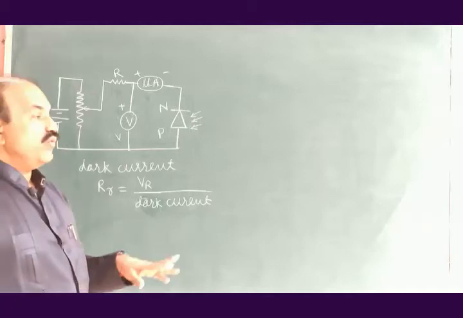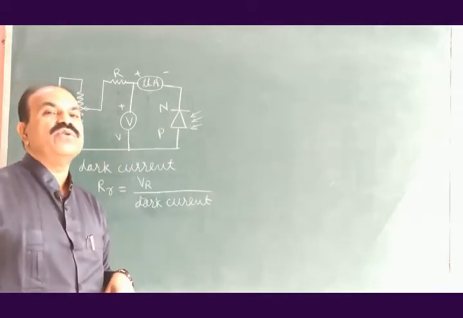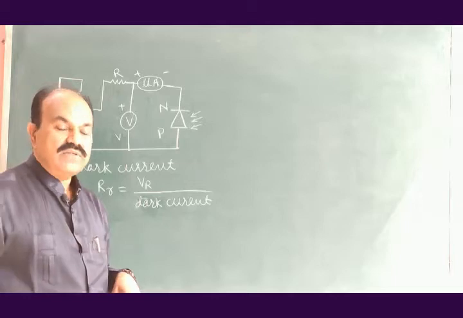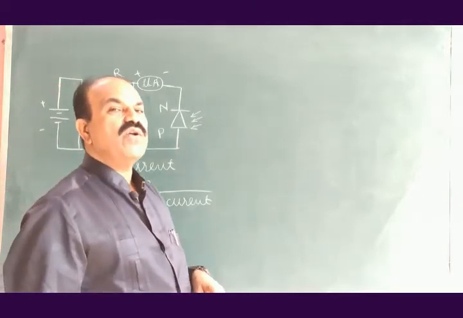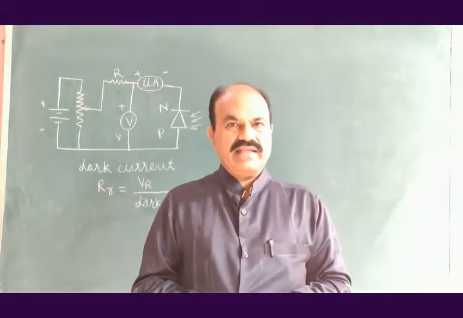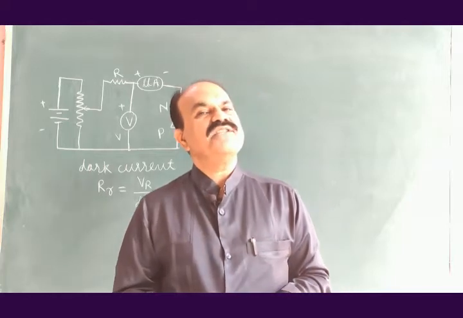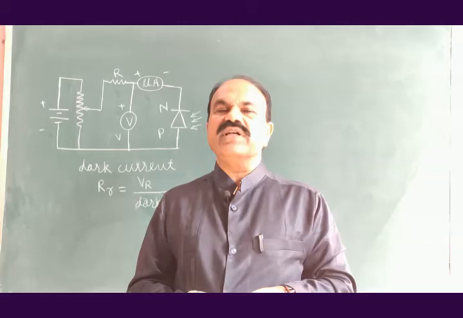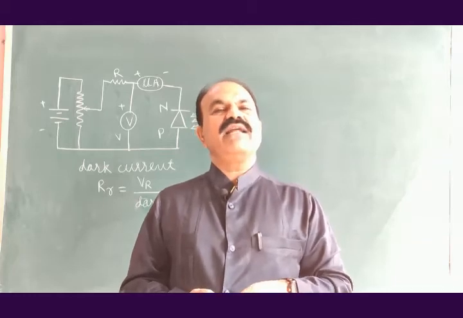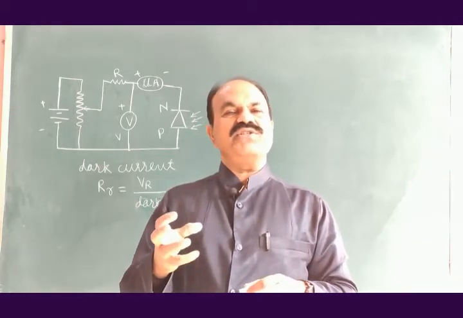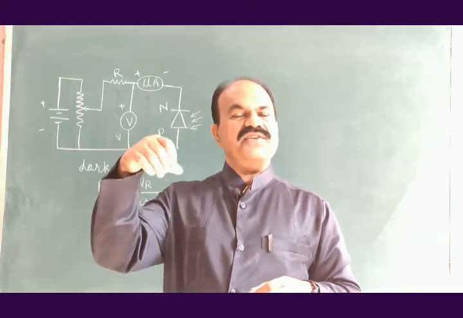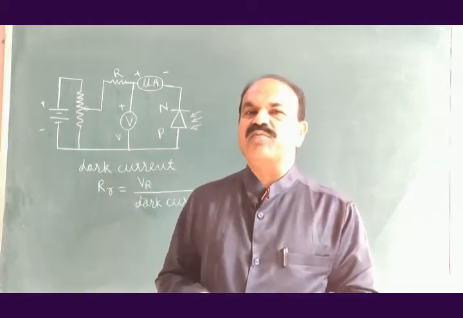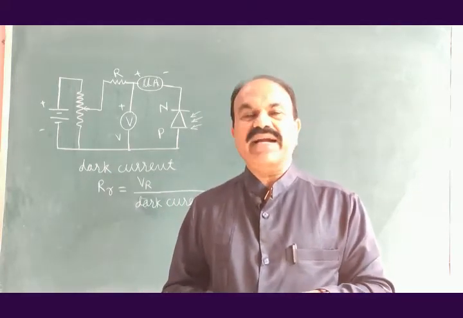Then we will allow light energy to fall on the photodiode. When we do, the photons of this light energy will be absorbed by the atoms of the photodiode. The electrons in the valence band may absorb these photons, and the energy received by these electrons is more than their binding energies.